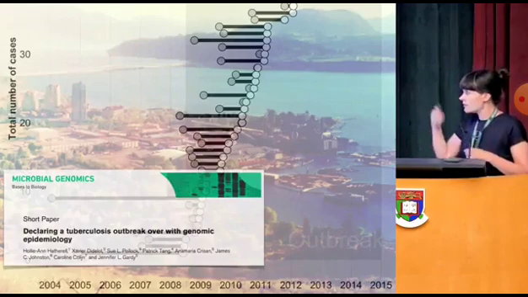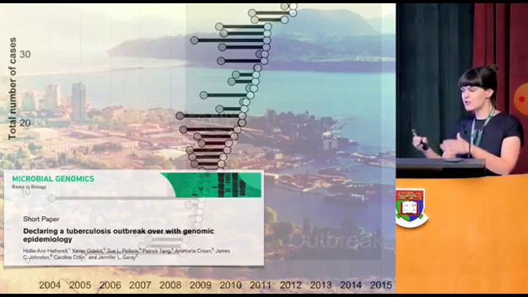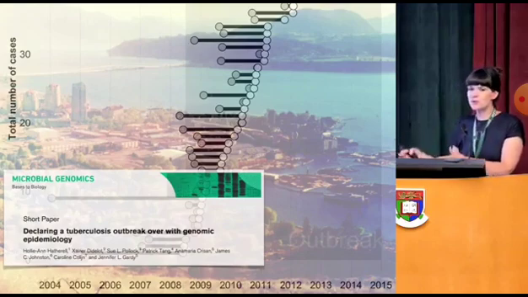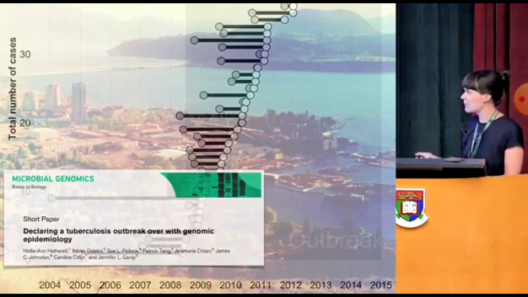We also, in that same transmission inference work, have realized that in addition to inferring putative transmission events and their direction, you can also infer the timing that those transmission events happened on. So this was, I guess, last year in Microbial Genomics.